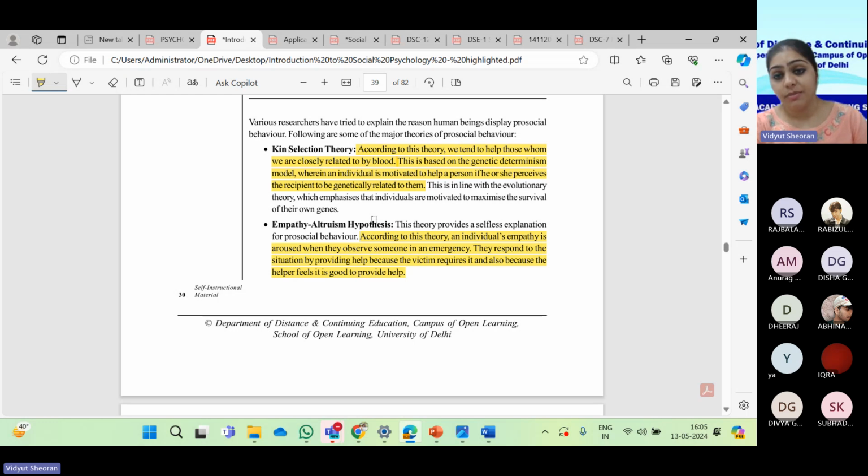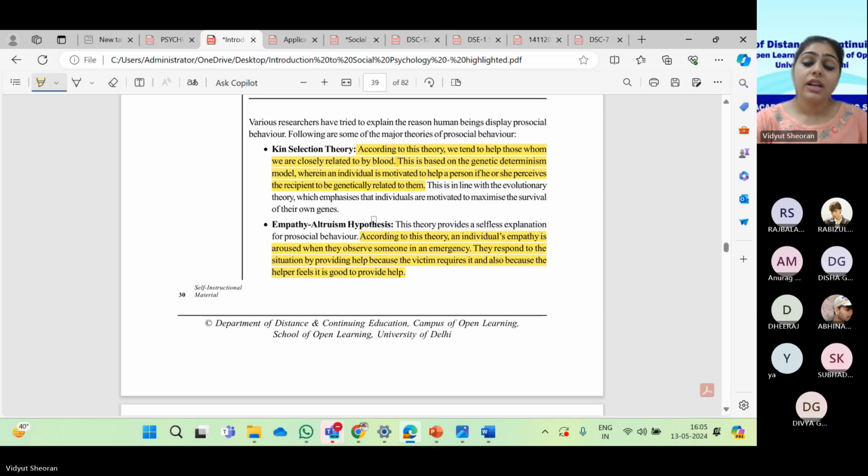That is empathy. So, according to this theory, an individual's empathy is aroused when they observe someone in an emergency. Emergency में कुछ भी acceptable होता है. किसी का ultimately हम नुकसान नहीं देख सकते इतना ज्यादा कि वो irrecoverable losses हों.